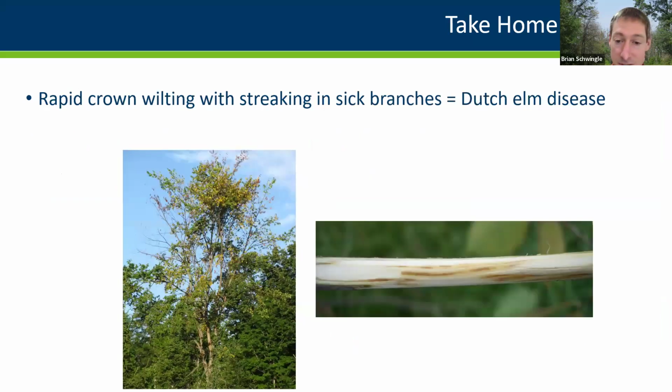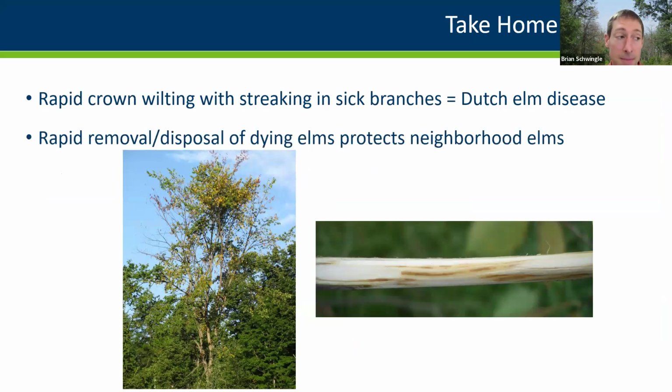Dutch elm disease, this is what Dutch elm disease looks like. If you have scattered flagging branches and the trees are dying over the course of the summer, and you see streaking on the wood surface of a symptomatic branch, that's Dutch elm disease. Various city elm management programs around the United States and actually Canada have been quite successful at maintaining boulevard elms.